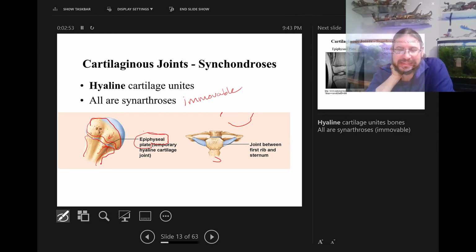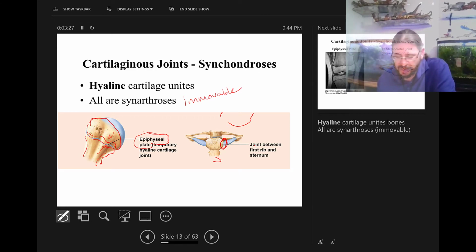synchondrosis. So we can also see that in the joint between the first rib and the sternum for a much larger synchondrosis. So here is our synchondrosis with the main bit right here where our cartilage is fully sealed into the manubrium of the sternum.